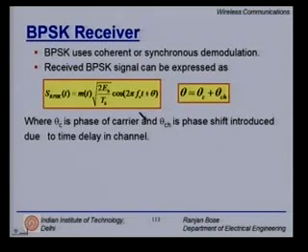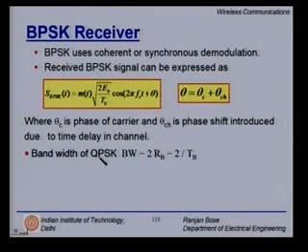Theta c is the phase of the carrier and theta ch is the phase shift introduced due to time delay in the channel. So what you receive is theta equal to theta c plus theta channel.